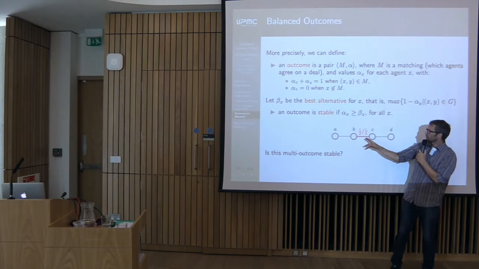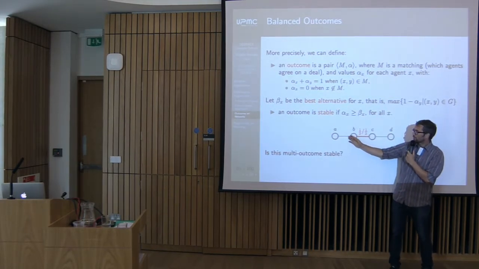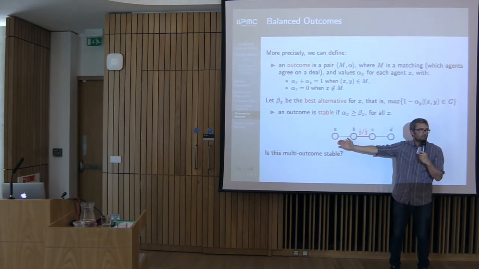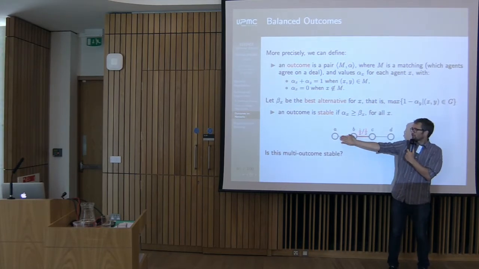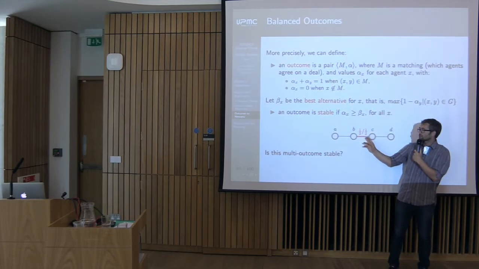So intuitively he says, okay, I have 1.5. I could almost get 1 if I traded with this guy here. This guy has nothing. I could just propose, for instance, epsilon. I would get 1 minus epsilon. I'm better off. This is not stable.